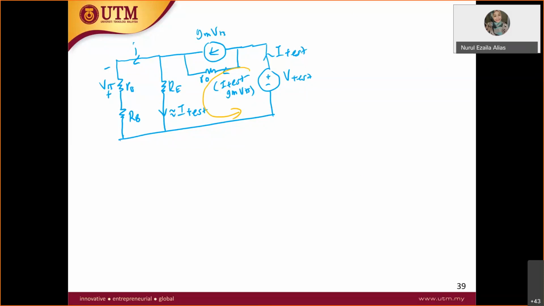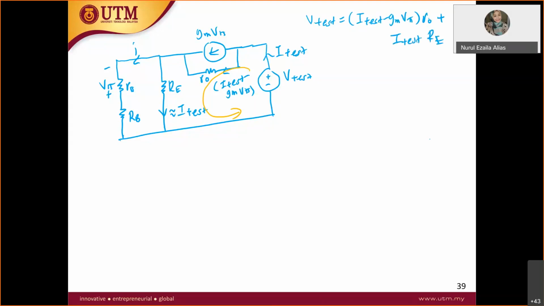Okay, we write again. So I said V-test is equal to, that loop, I test minus gm V pi R naught, plus I test RE.